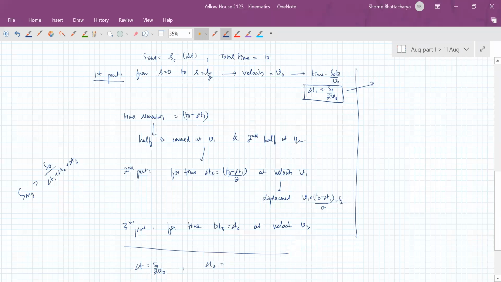So this is the time. So the second part, what is the time? The time interval is equal to T naught minus this. Okay. And what is the displacement? It is equal to V1.